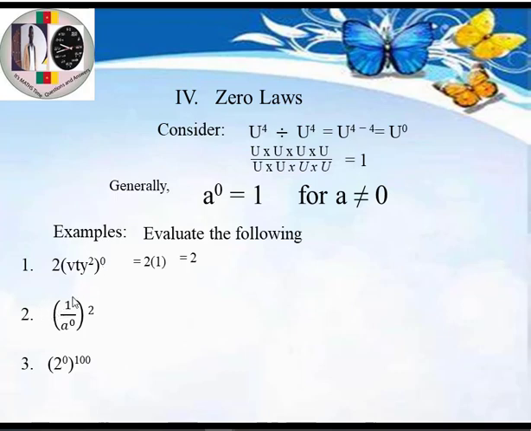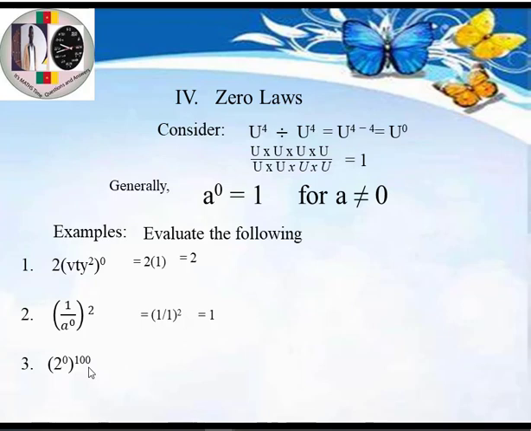Here again we are going to have 1 divided by a power 0 all that power 2. But a power 0 is what? Anything raised to the power 0 is 1. So we are going to have 1 divided by 1 all that power 2, and 1 divided by 1 is 1, power 2 is 1. Next, 2 power 0 all that to the power 100. 2 power 0, anything raised to the power 0 again is 1. So 2 power 0 is 1.